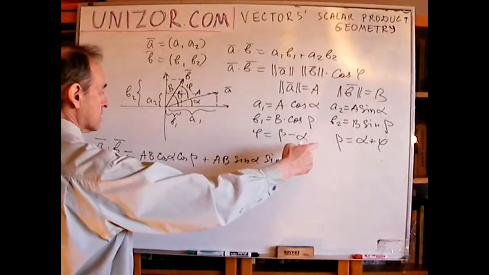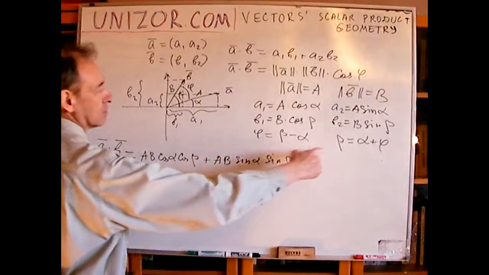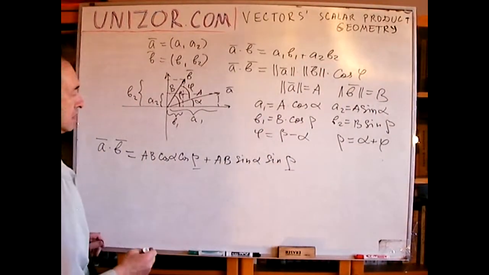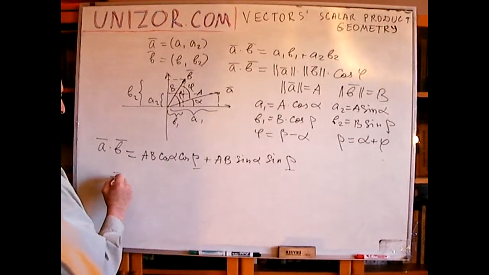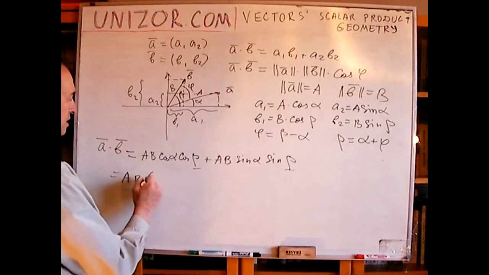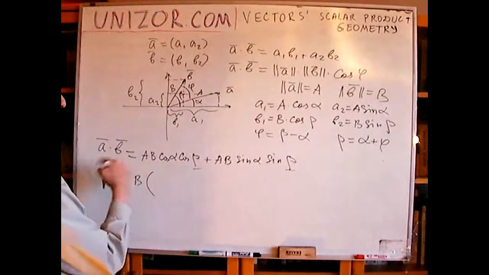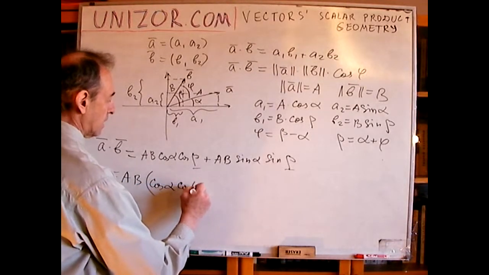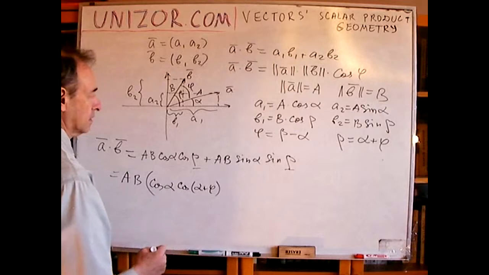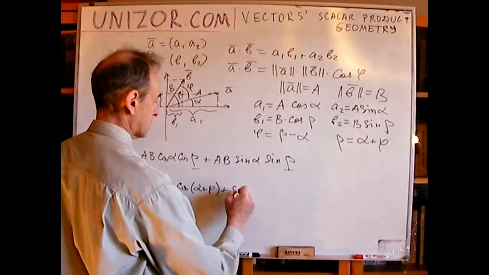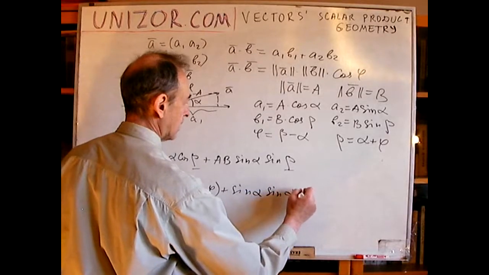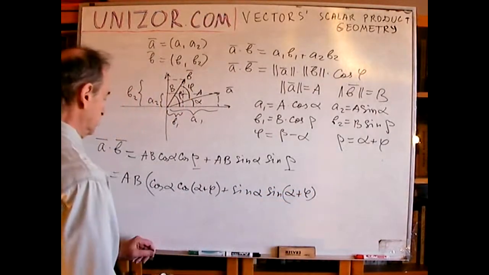Now, I can substitute this beta, and what I will have is AB factored out, times cosine alpha cosine of alpha plus phi, plus sine alpha sine of alpha plus phi.